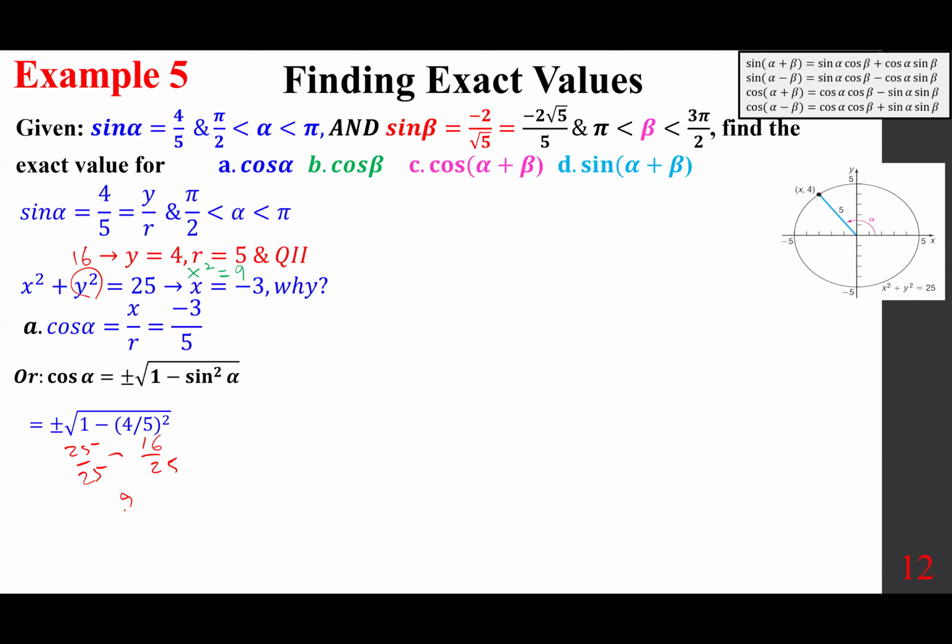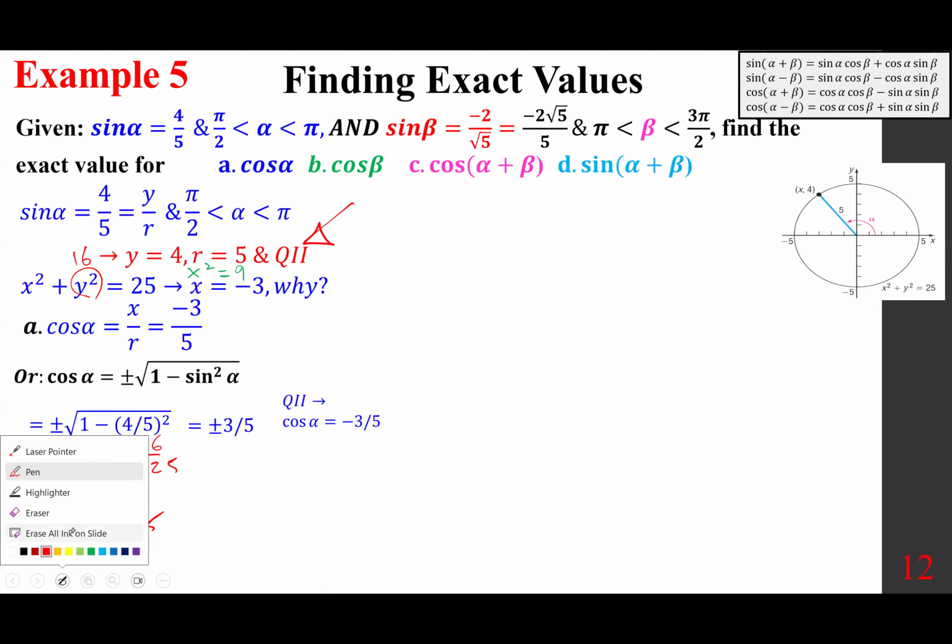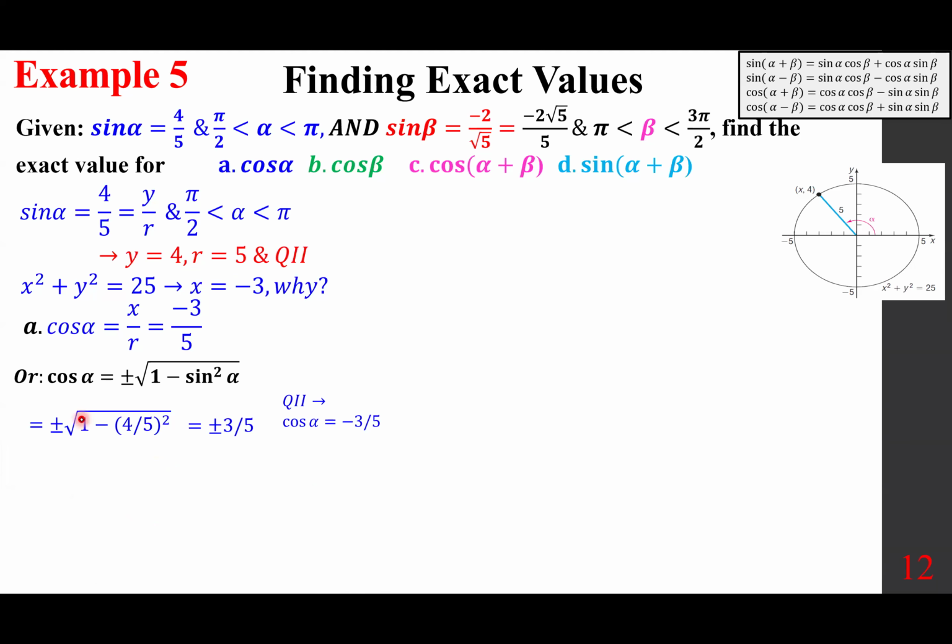You get 9 over 25 comes out as 3 over 5 plus minus. Now, which one do you choose, positive or negative? In quadrant 2, cosine is negative. So, what is my point? You have a choice of using circles or using identities. Makes no difference. I did both just for practice in essence.